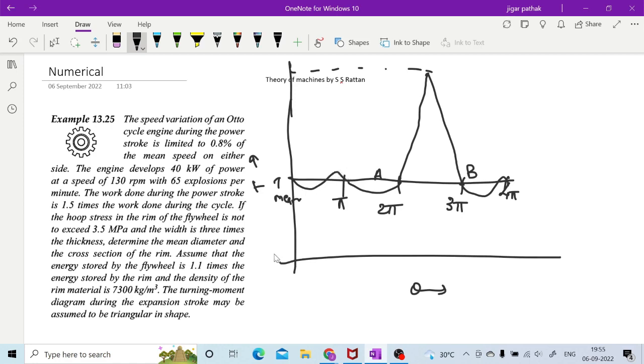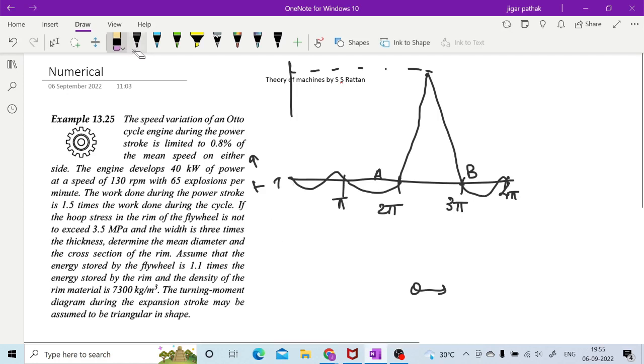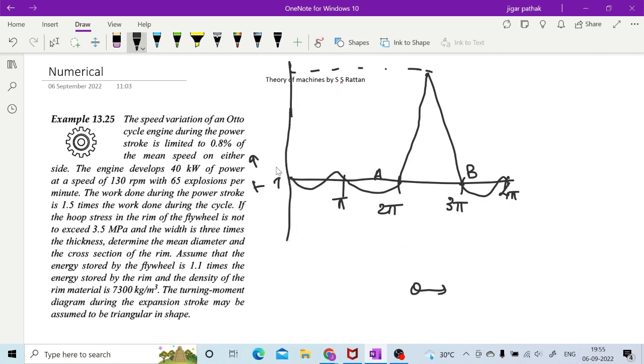Sorry, actually it is shifted. Actually here it is, yes, sorry, like this. This is theta, this is T, and somewhere here you will have your mean, T mean. So it will start with this 0, correct, sorry.